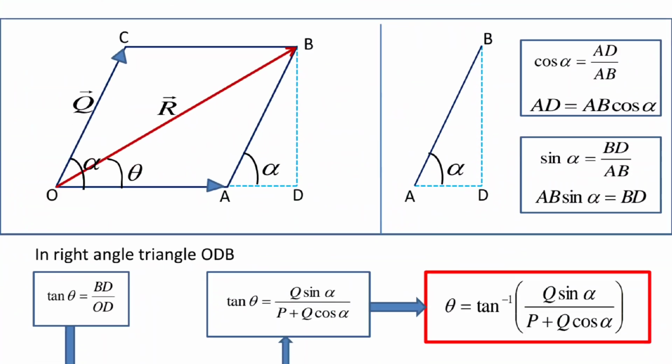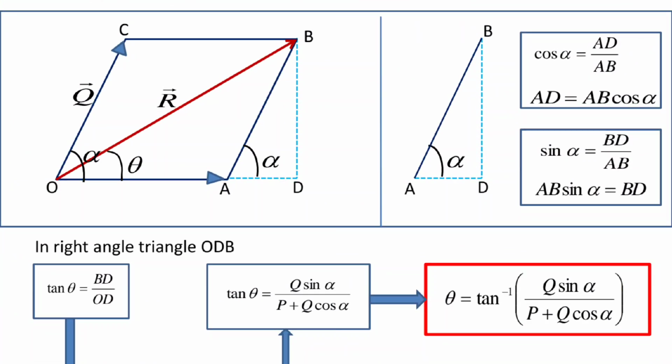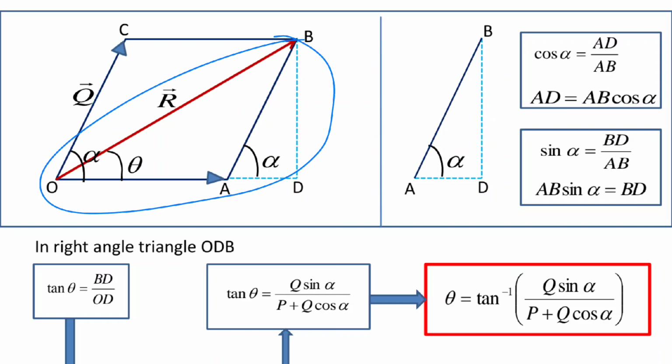Now to find the direction of force. In right angle triangle OBD or ODB, tan theta is equal to BD upon OD.